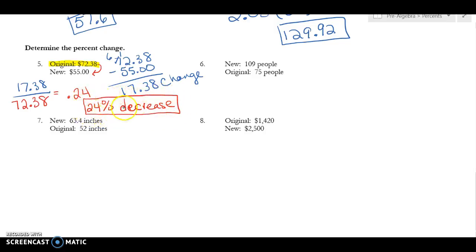And that's your answer. So again, the first thing I did was find the change and then divide by my original. So let's do that over here. I find my change, 109 minus 75. It doesn't matter which way. I won't have negatives, so I just do the big number minus the small number. So my change is 34. So it's 34 over the original. And the original, again, is right here.